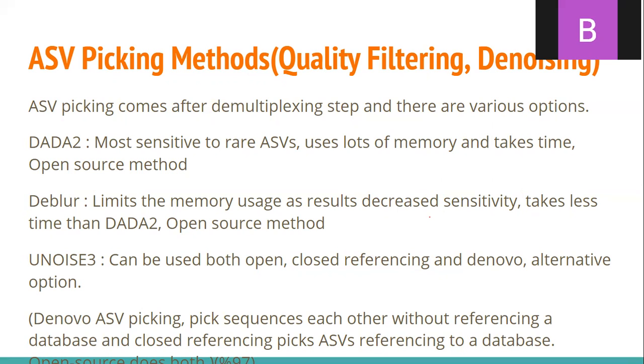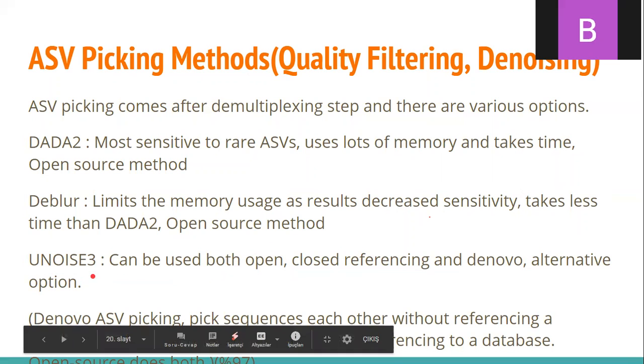If they have more than 95% similarity, then they are counted as the same variant. Closed referencing, on the other hand, only uses a database. They do not do this de novo picking method. Also, you can use de novo picking too, with UNOISE3, as an alternative method, whether using closed referencing, open referencing, or de novo. Okay.